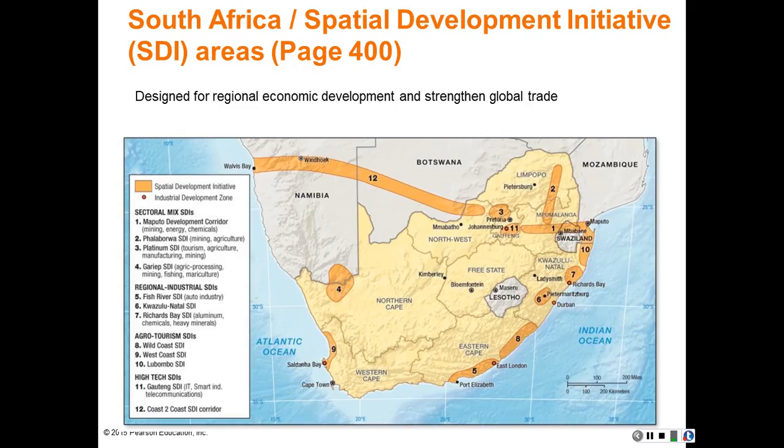Many of these SDIs focused on specific economic activities such as mining, energy and chemicals, agriculture, tourism, maybe particular industries such as the auto industry, aluminum production, chemicals, agritourism, as well as a high-tech corridor and transportation networks with international cooperation and transportation regions.